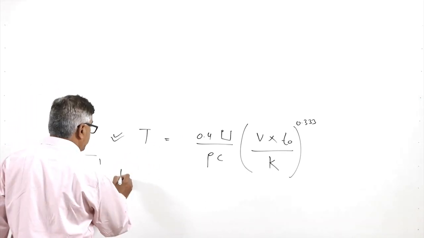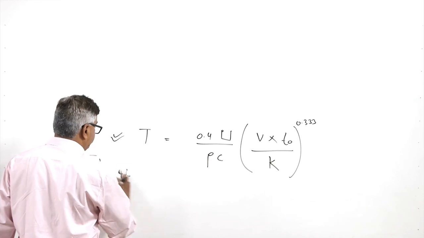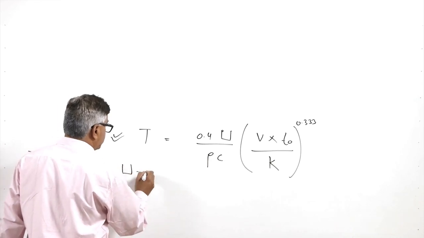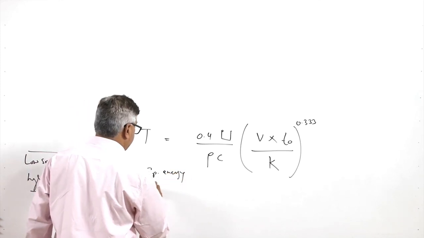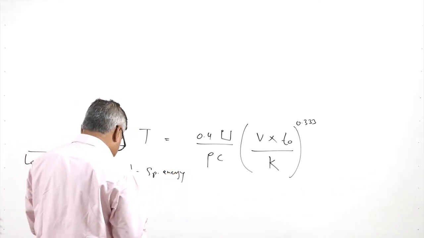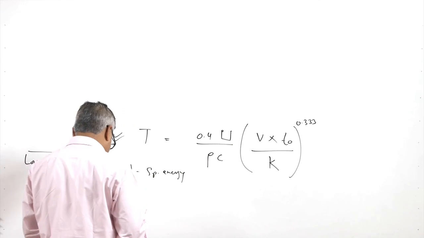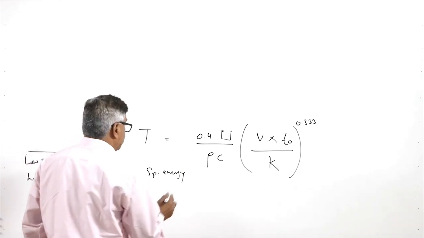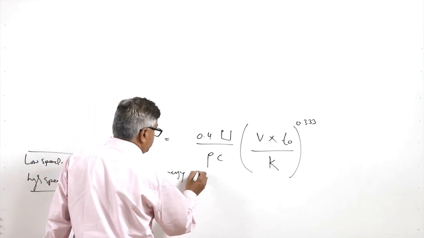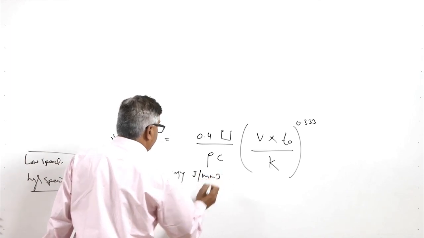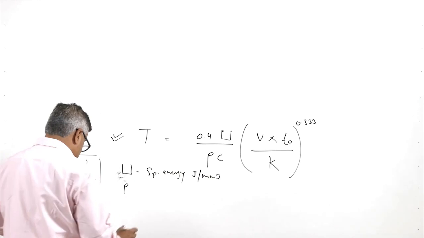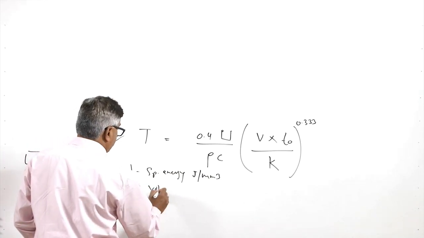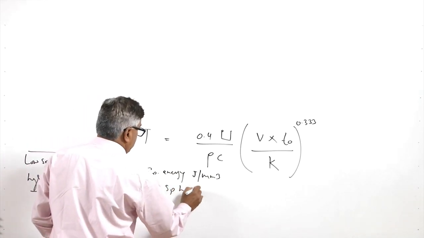So, here the U is basically the specific energy consumption, J per mm cube. rho c is the volumetric specific heat.